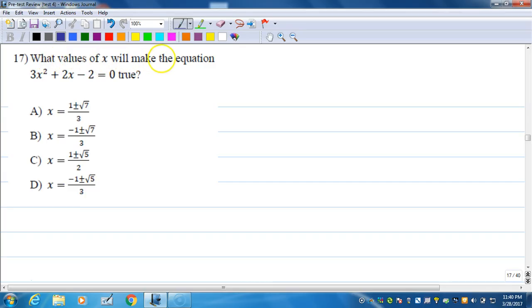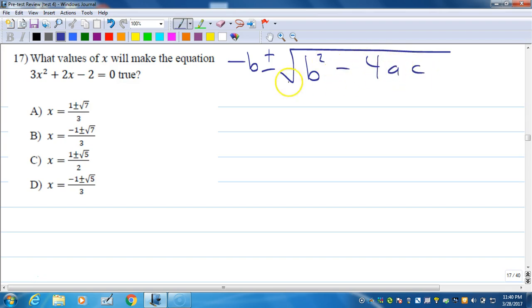What values of x will make the equation 3x squared plus 2x minus 2 equal to 0? True. This is a big boy question, which we really haven't gone over. And you're going to have to use a quadratic formula, which is negative b plus or minus the square root of b squared minus 4ac, all of that divided by 2a.